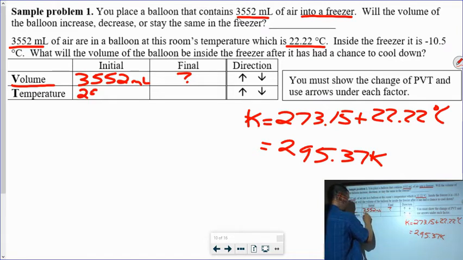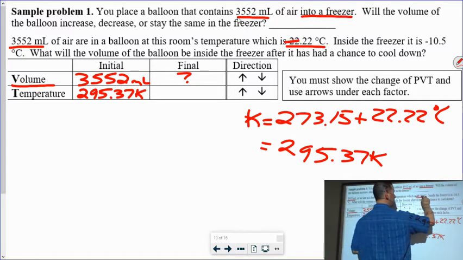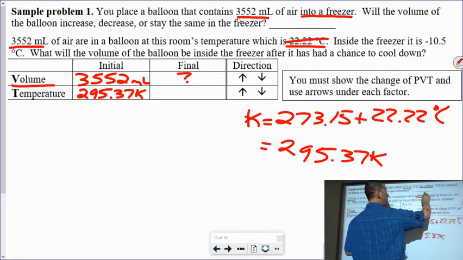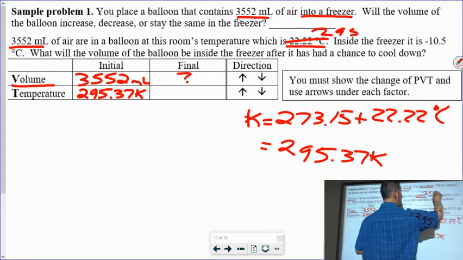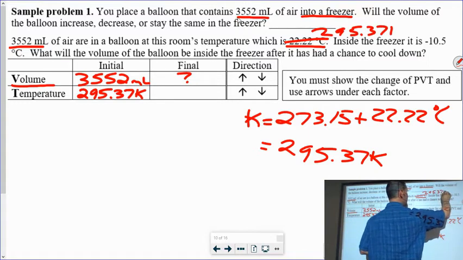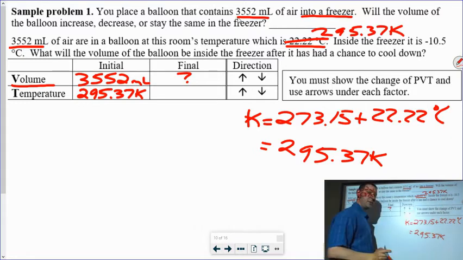So 295.37 Kelvin. And so I'm going to put a simple line through that, write that up here, 295.37 Kelvin. The nice thing about the Kelvin scale is that it has no negative temperatures. So that really works well with our kinds of problems, and that's why we have to use the Kelvin scale.